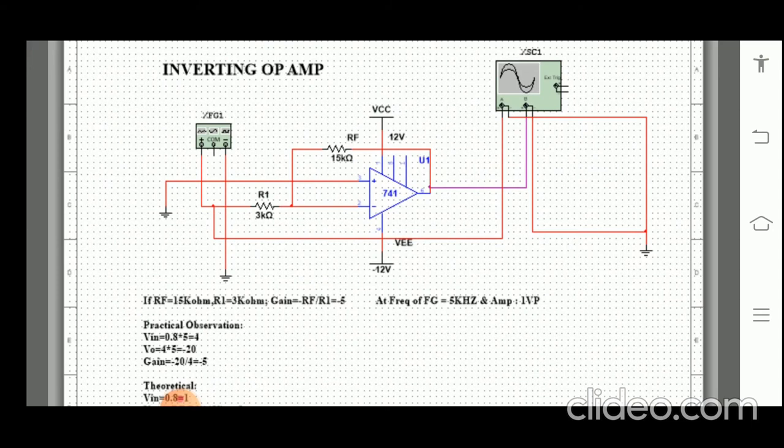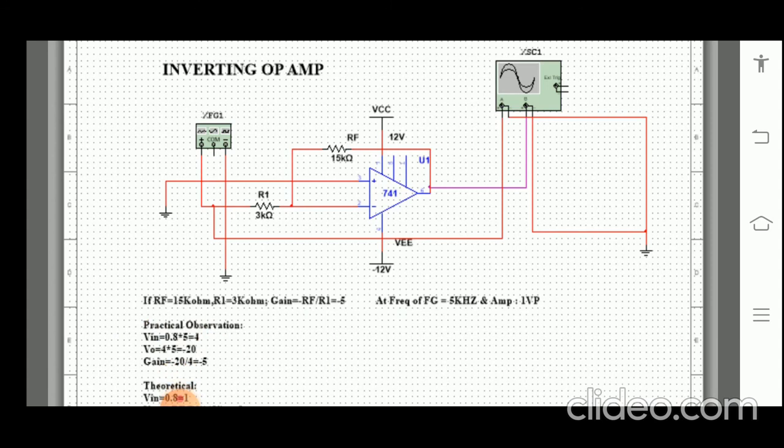And when we construct, so here I am taking the RF value, that is feedback resistance, as 15 kilo ohm, and then R1 value as 3 kilo ohm, then your gain will be -5.